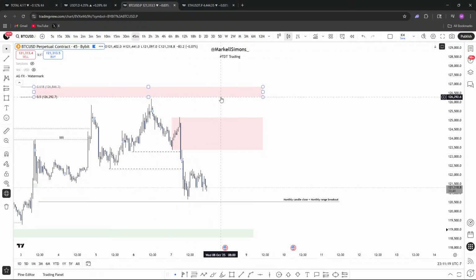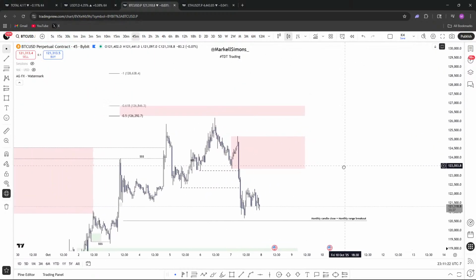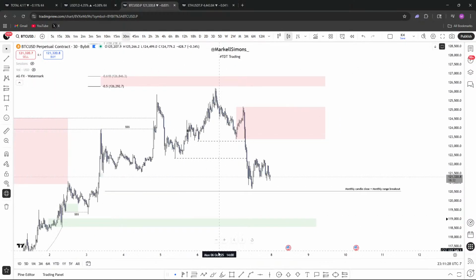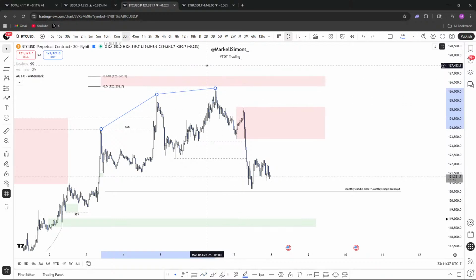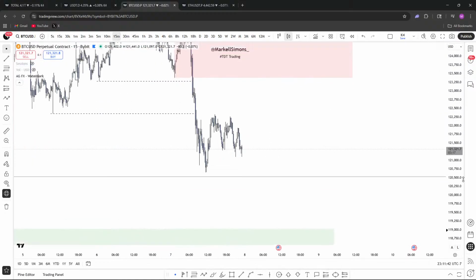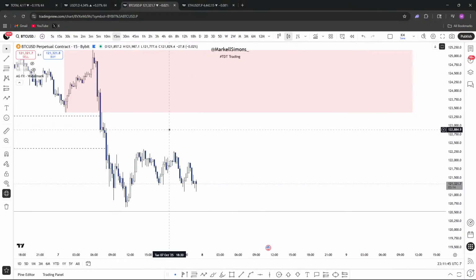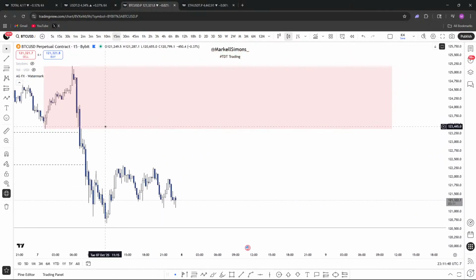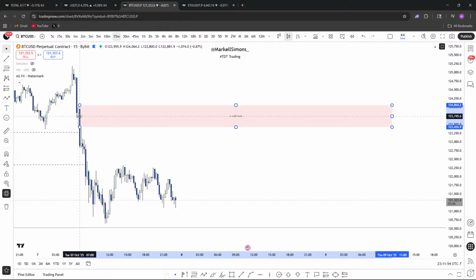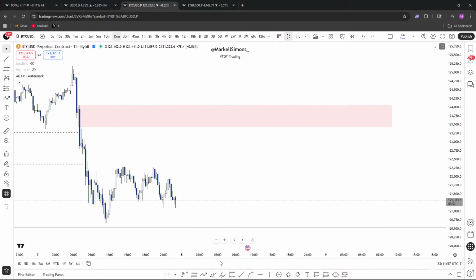As in, wait for a high probability model, right? Because right now we hit the technical target of this distribution schematic. I'll use this as my supply. So this is supply.